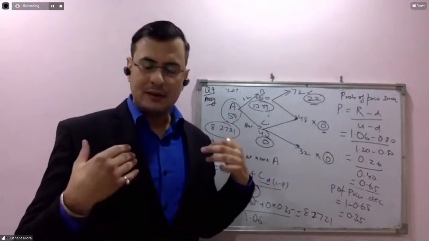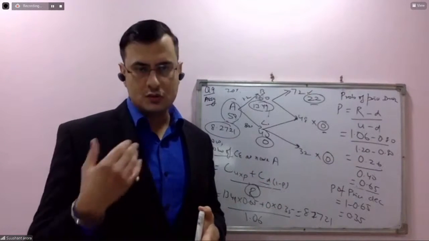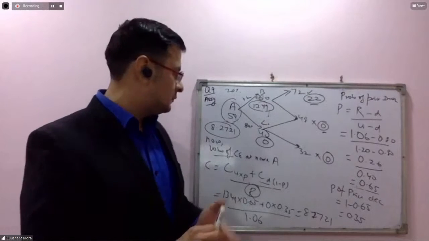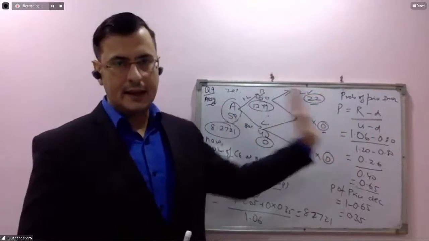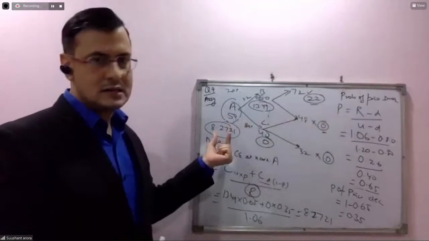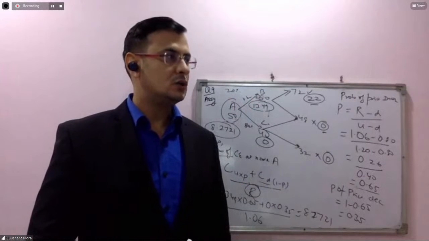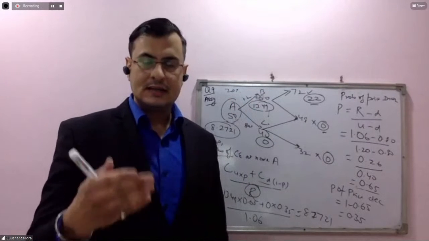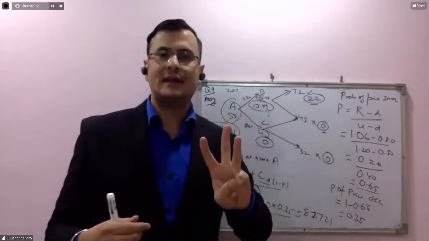I'm addressing all the students, those who are watching or those who will join live a little later, but this has to be very clear. We are starting from the end node and we are coming to the starting node. That is the most important understanding of this concept. In the valuation techniques, we have 3 techniques.